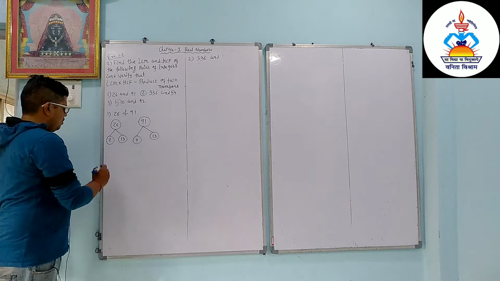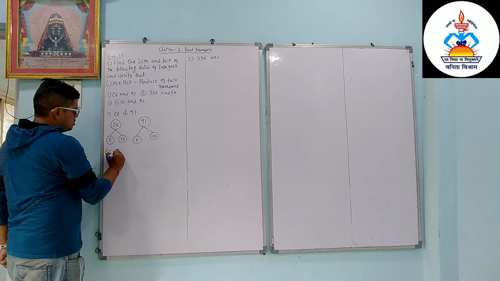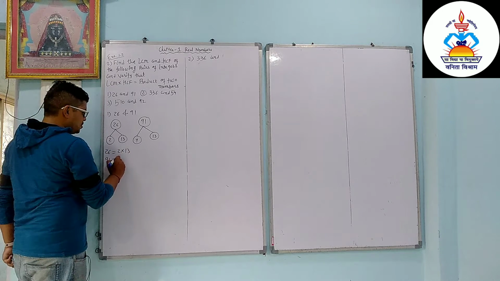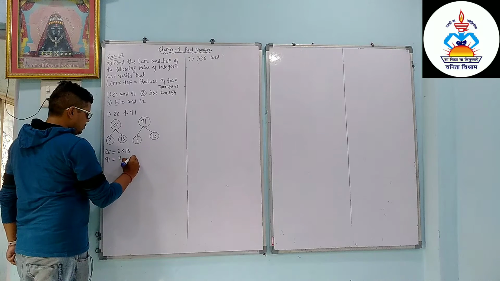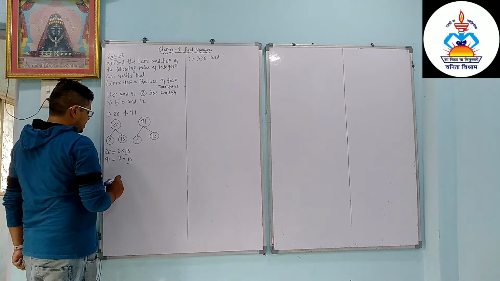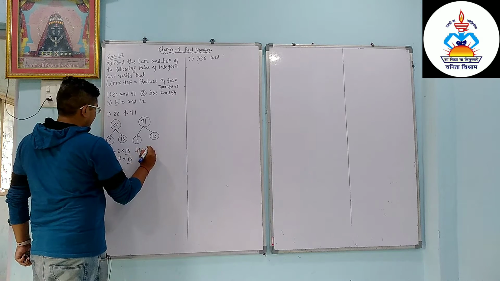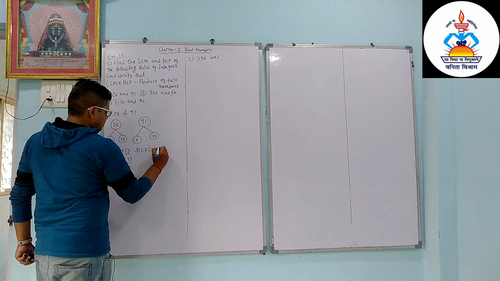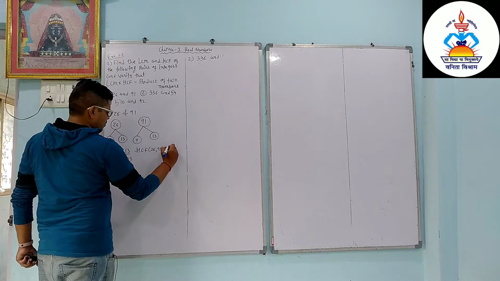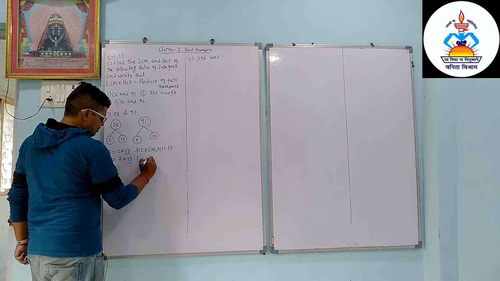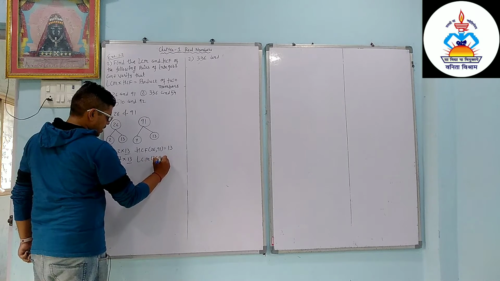Okay, now we will write the factors. 26 equals 2 into 13 and 91 equals 7 into 13. Here 13 is common, so HCF of 26 and 91 equals 13. Now we are going to find the LCM of 26 and 91.